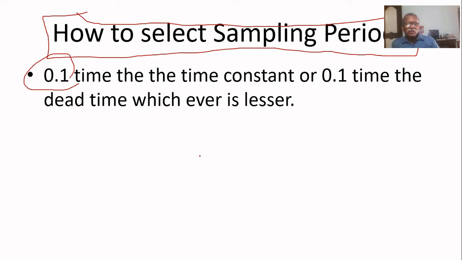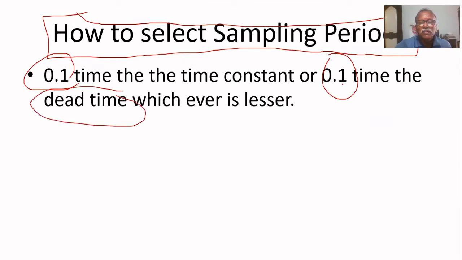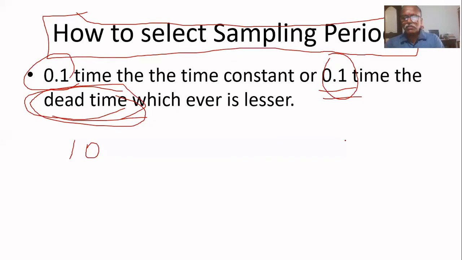So during a duration of one time constant, it must have at least 10 samples. Then that is sufficient. Or it should be 0.1 times the dead time, if dead time is dominating over the time constant, in dead time dominating systems. So during the dead time, it should have at least 10 samples. That is the thumb rule used in process control.